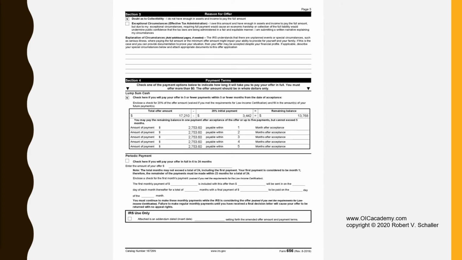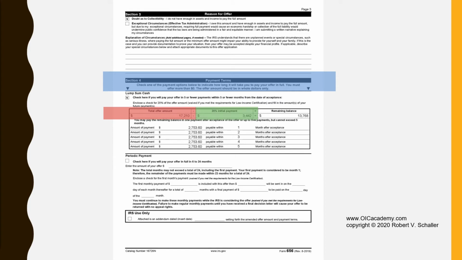The next section, Section 4, payment terms, identifies the amount of the payment, any initial payment, and the remaining balance. In this case, we've checked the lump sum cash payment option. We did not select the periodic payment option, which is below. So let's review the lump sum cash payment. That's been checked, and it says the total offer amount is $17,210.